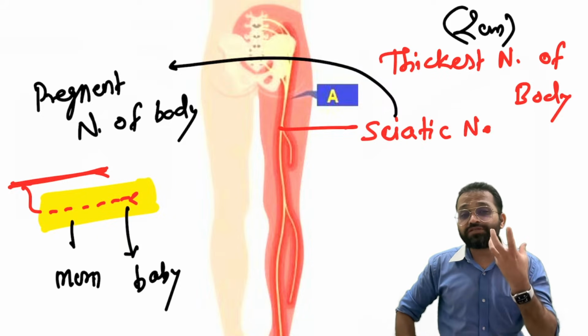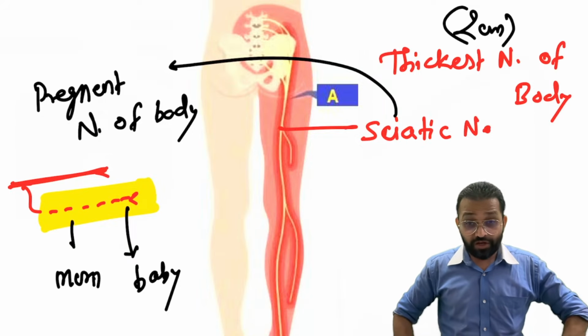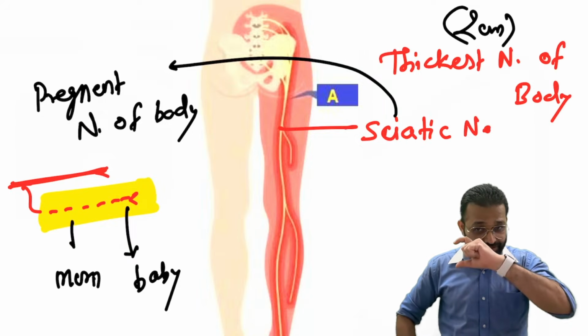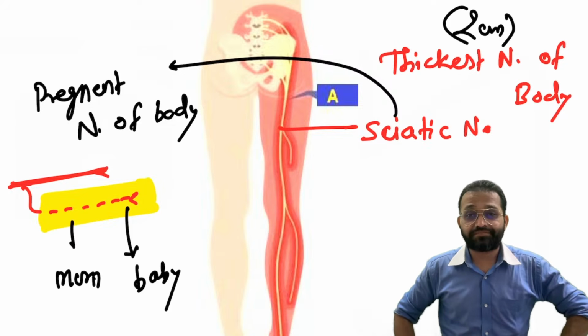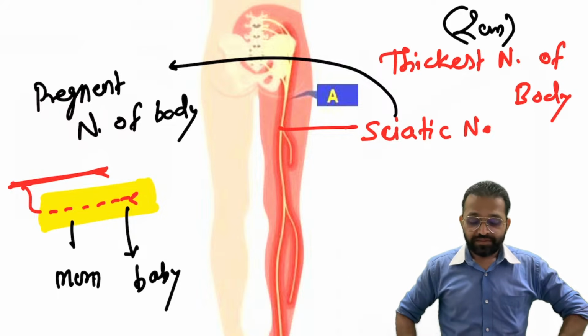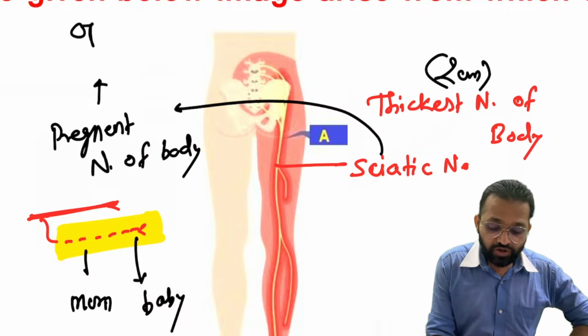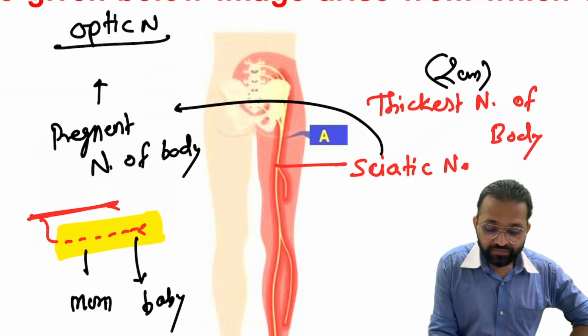So can you tell me what other nerves are considered pregnant? Means what other nerves have an artery within them? Yes, anyone? Try to give the answer. Sir, other pregnant nerves of the body. Don't forget the optic nerve.